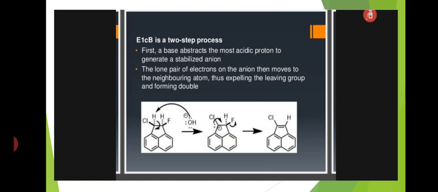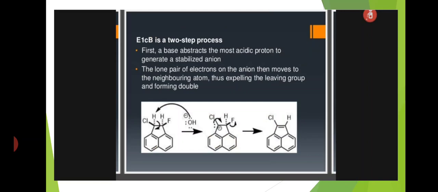The base abstracts the most acidic proton to generate a stabilized anion. In this reaction, first the acidic hydrogen or acidic proton is eliminated in the presence of base. The base abstracts the most acidic proton and forms an enolate ion or anion. That anion is a more stabilized anion.